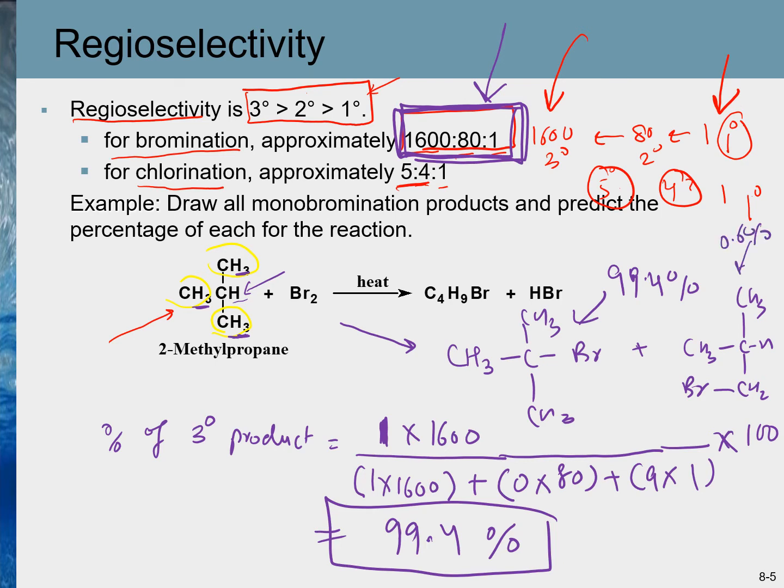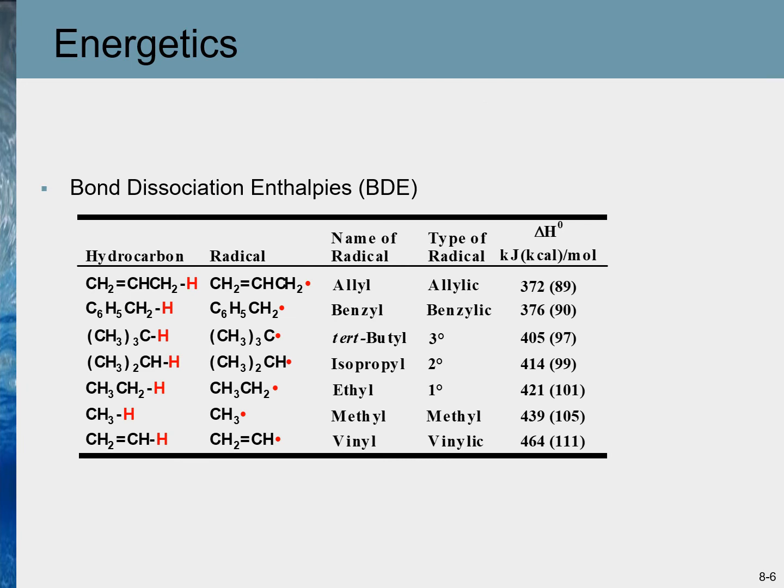primary product. We can learn a lot about halogenation reactions by careful consideration of the energetics of each step. In energetics, we look at the energy required to break a bond, which is known as bond dissociation enthalpy or bond dissociation energy. Bond dissociation energy is defined as the energy required to break a covalent bond homolytically in gaseous phase.